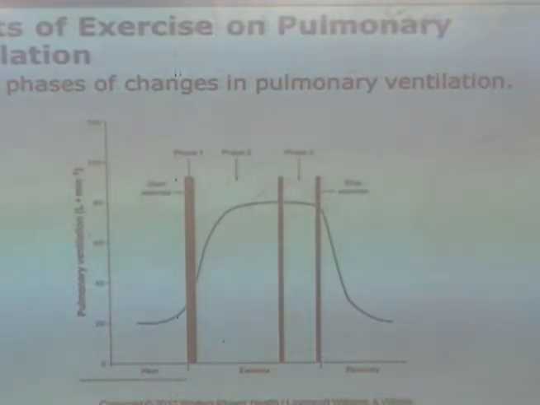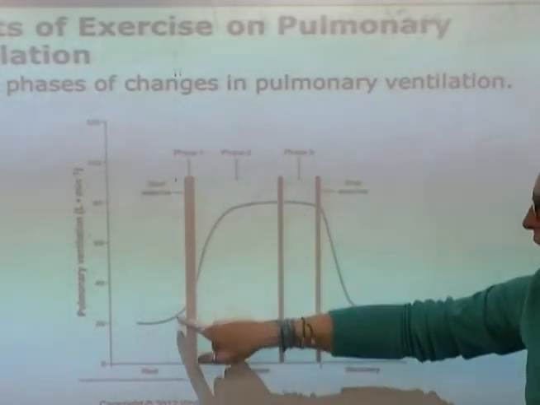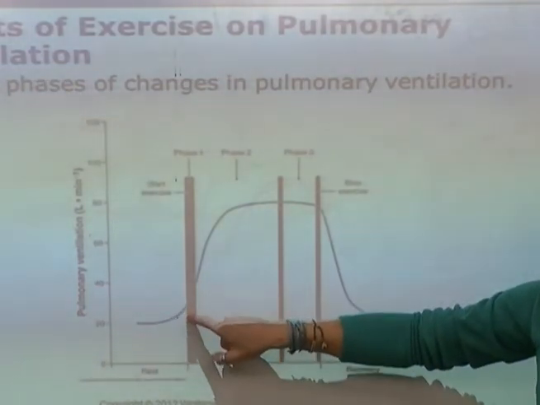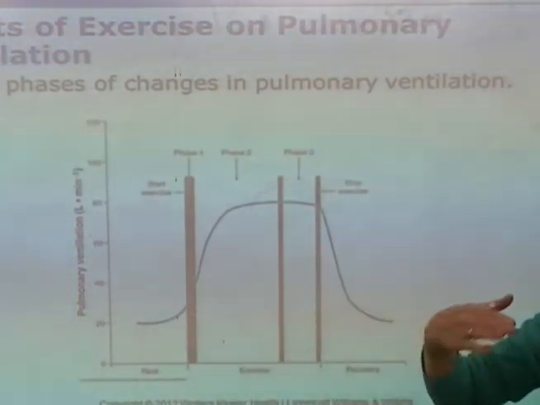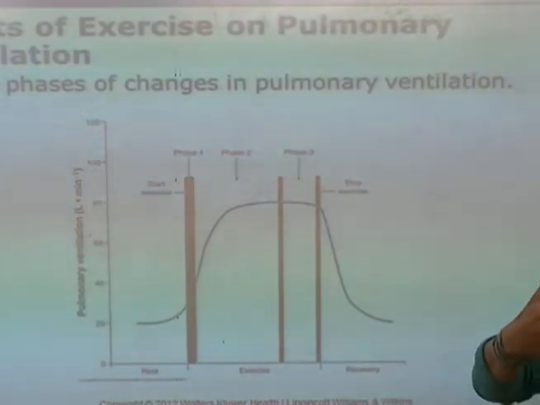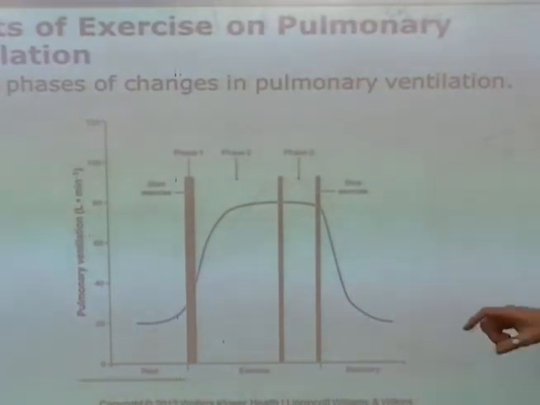So when we start to exercise, we see a similar pattern to what happens when we look at the heart rate. All right? We have this initial lift in breathing just before you start exercising, particularly if you're very experienced. It's like your body knows it's coming, and so it starts to get you ready a little ahead of time.